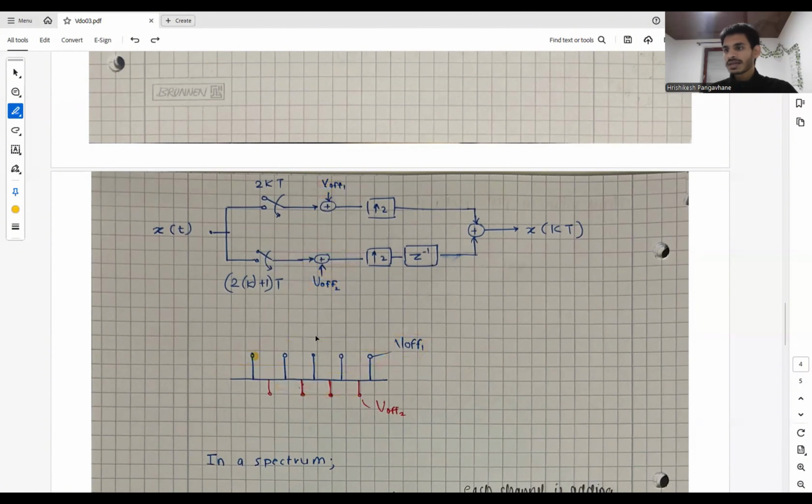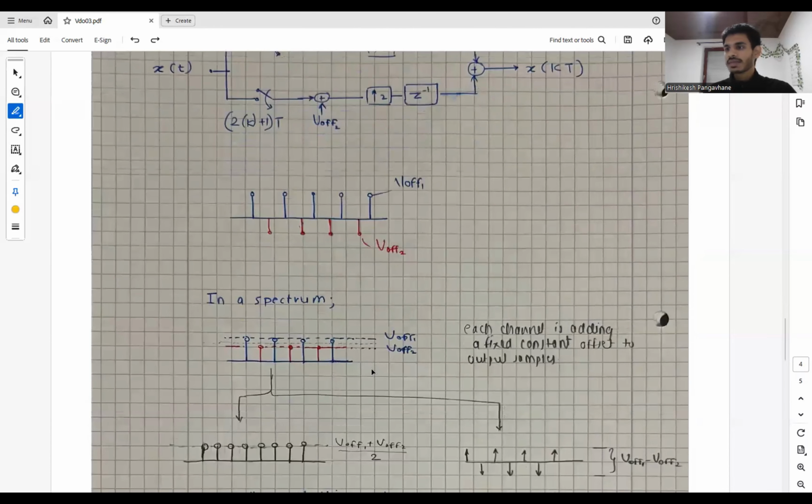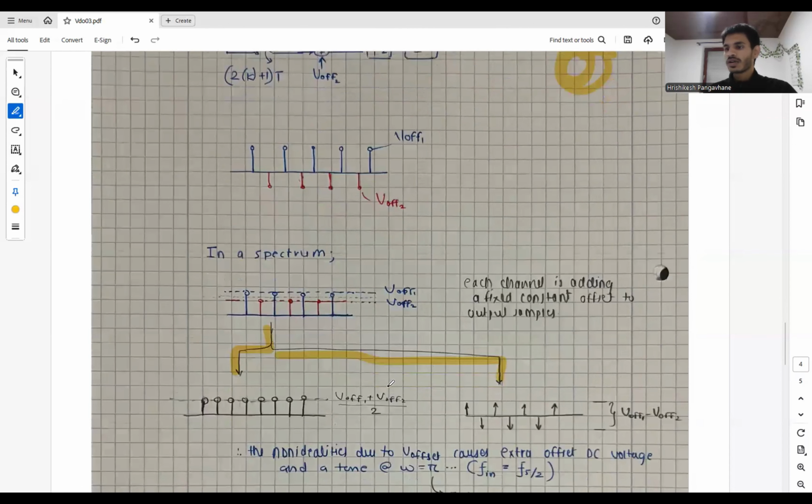To represent this along with the output spectra, it can be represented by two things, not in parallel but at the same time. Our output will consist of these two things. Each channel is adding a fixed constant offset voltage to the output samples.